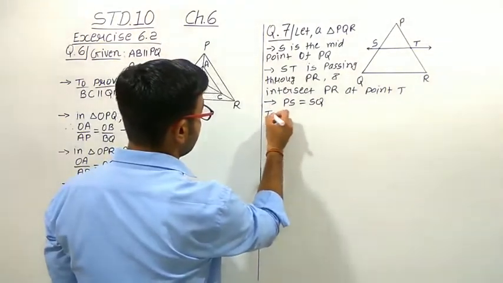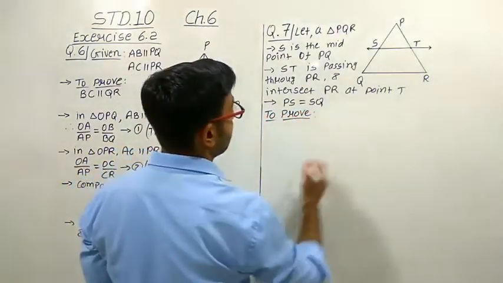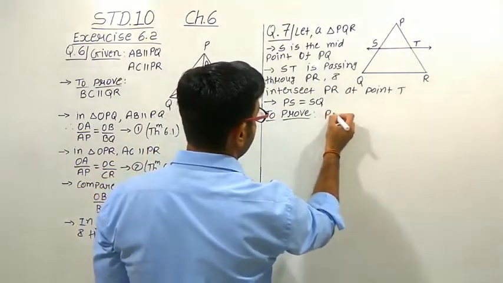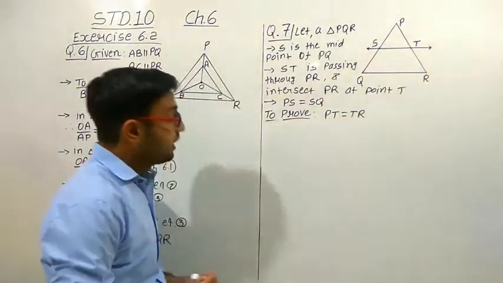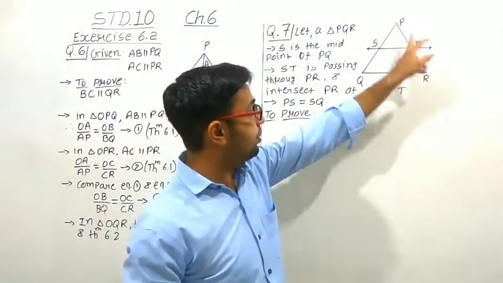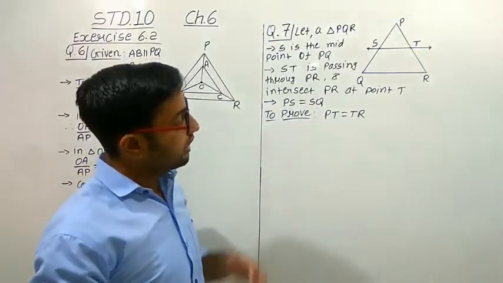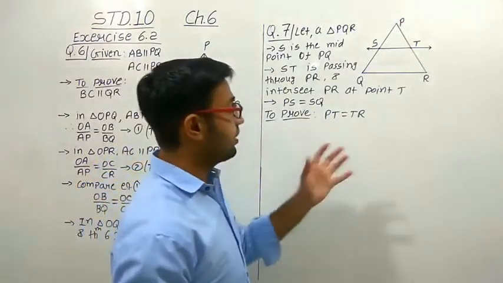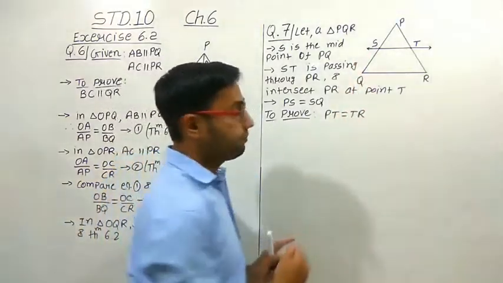What we have to prove here is that PT is equal to TR. That means we have to prove that T is the midpoint of this side PR. So first of all, let us understand the question again. We are given a triangle PQR.